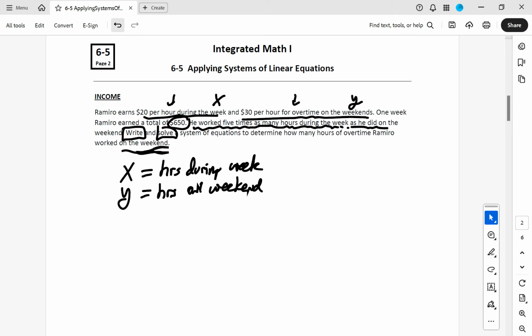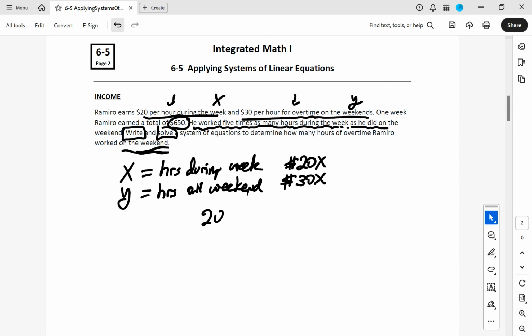Let's think about the amount of money here. We have $20, so during the week he gets $20 for every hour during the week, so that's 20 times x. And on the weekend he gets paid more because it would be his own personal time. So $20 and $30, however many hours on the week and however many hours on the weekend. When he's paid all that, he's paid $650.